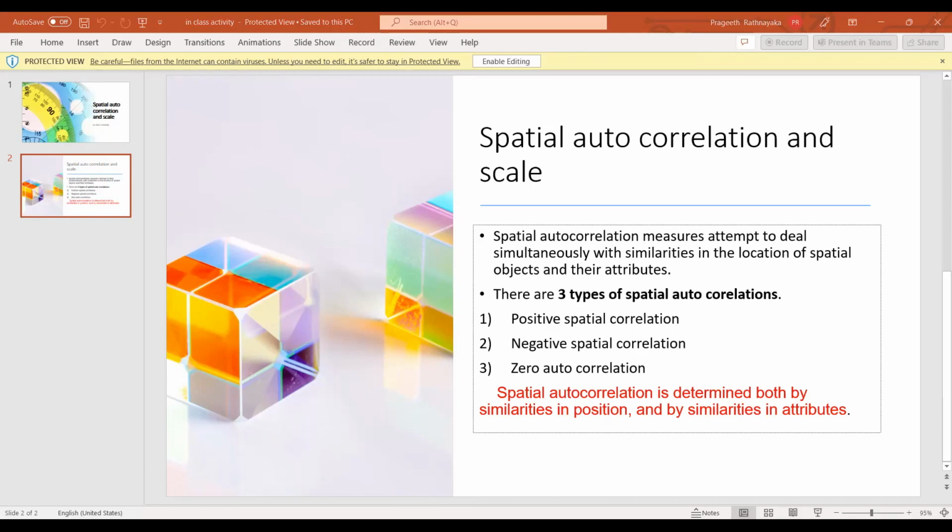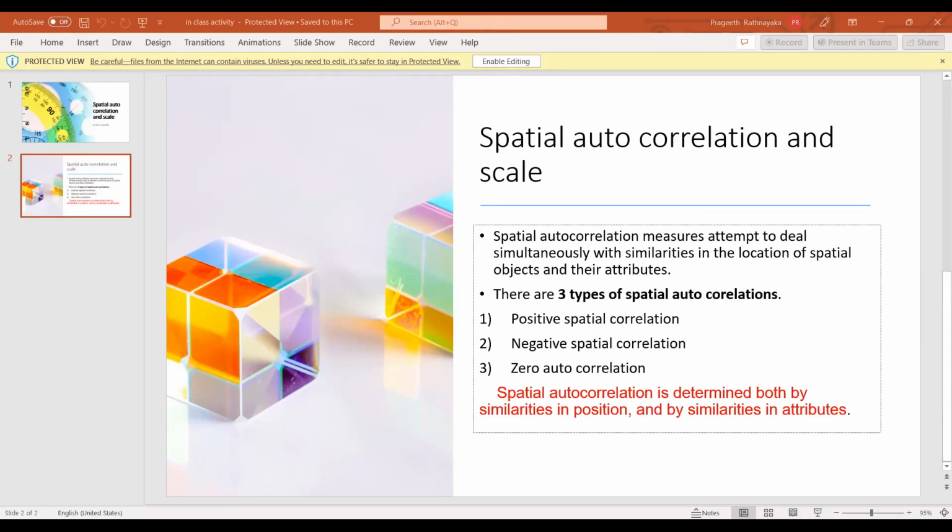Yes, yes. Spatial autocorrelation simply says how well objects are correlated with each nearby object across a spatial area. Mainly there are 3 types of spatial autocorrelation: positive autocorrelation, negative autocorrelation, and zero autocorrelation. Positive autocorrelation occurs when many similar values are located near each other.